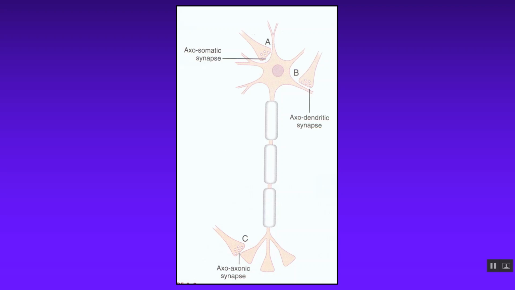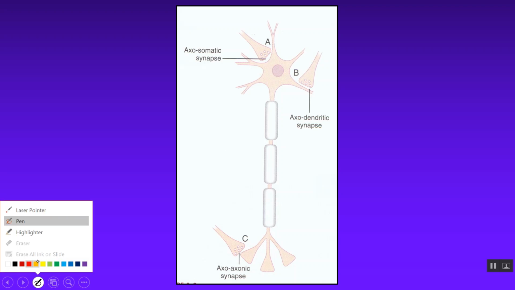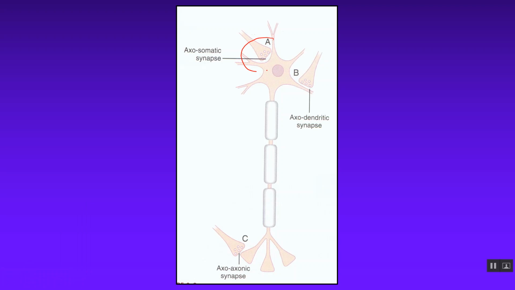On the top is the axosomatic, the connection between the axon of one neuron and the cell body of the other. In this case, the axon of one neuron is communicating with the dendrite. And down here, you can see the terminal axon of one neuron communicating with the terminal axon of another neuron. That's axoaxonic synapses.